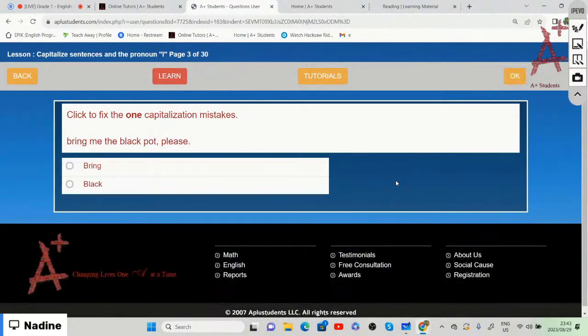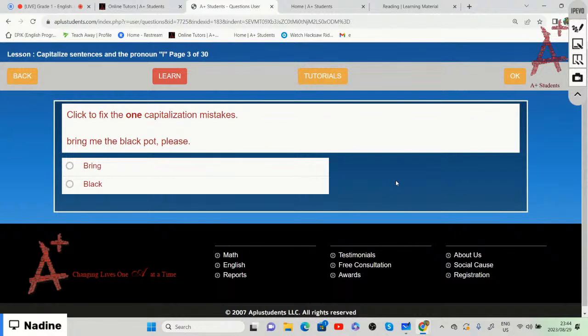And then, "Bring me the black pot, please." We need to click and fix the one capitalization mistake. Is it bring or is it black?